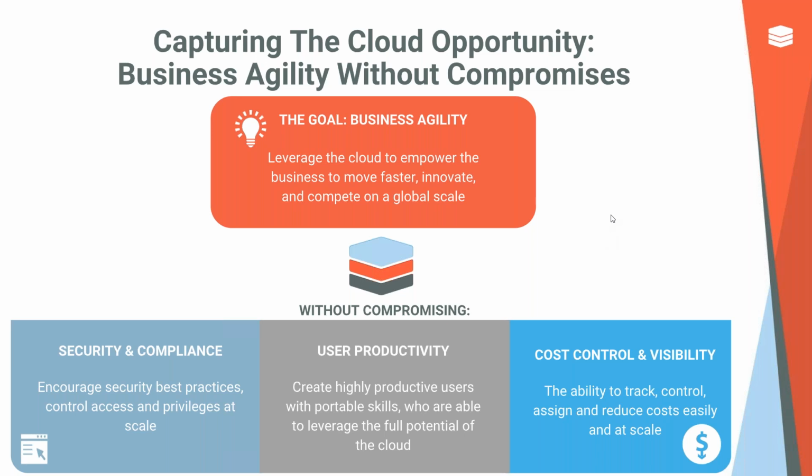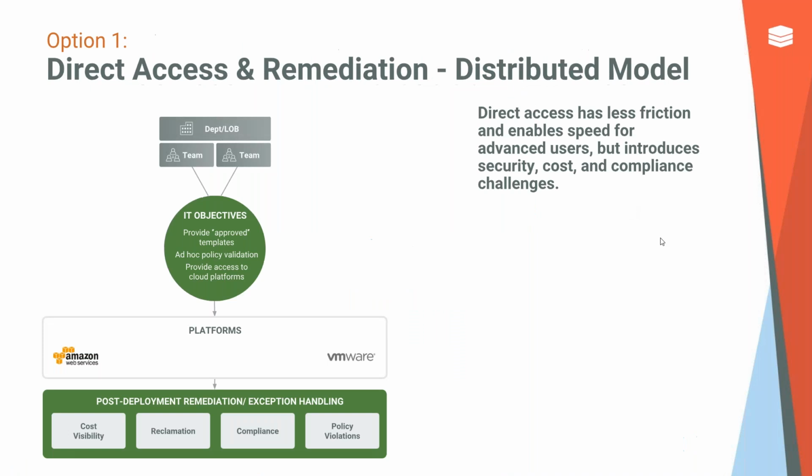So if we want to look at the first category, or the first option that we see, we've labeled it direct access and remediation.